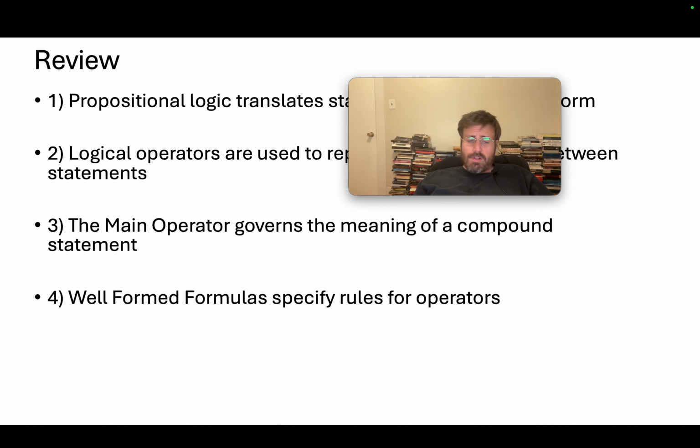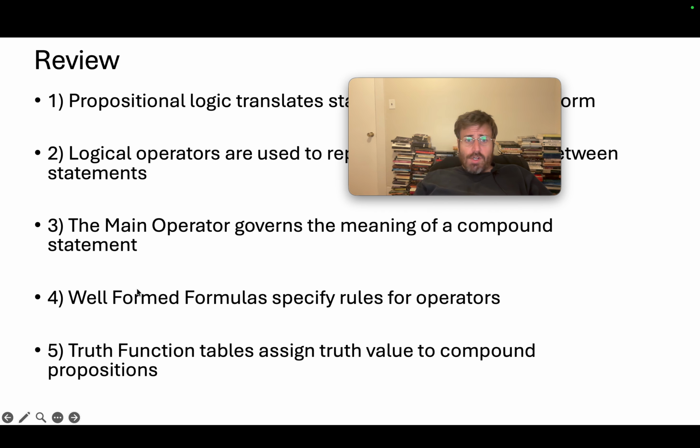Some of those rules include the idea that we need to have negations, the tilde, situated to the left of the statement that it is negating. For symbols like conjunction, conditional, and disjunction, we need those to be in between two variables, right? So we need the proper placement for our operators.